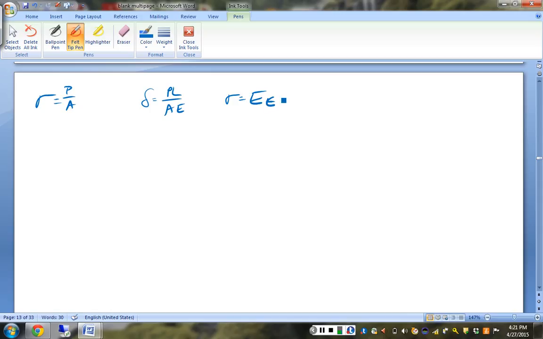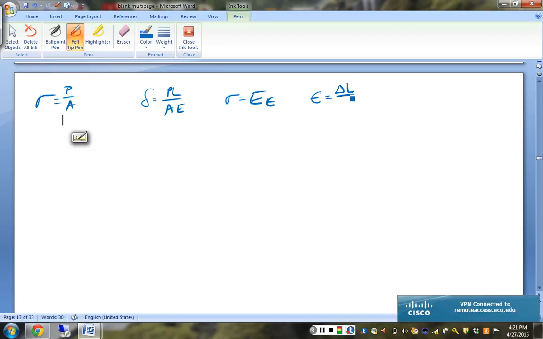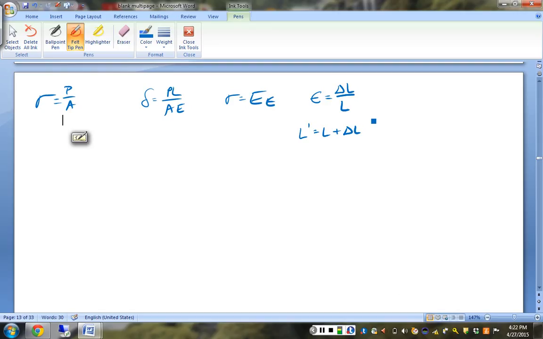What's our plain old one-dimensional definition of strain? That's the one. And also, it's usually a good thing to remember that my new length is my length plus my change in length. I might ask one like that. If you have a strain of blah, how long is the wire? What's the new length of the wire?